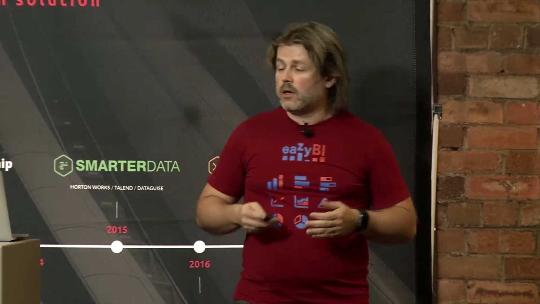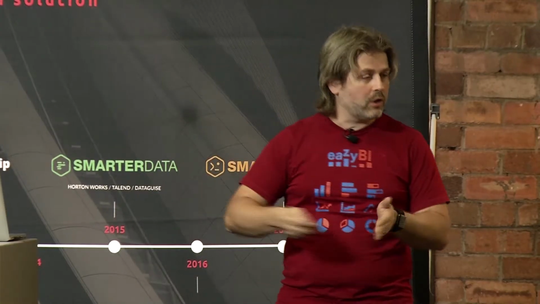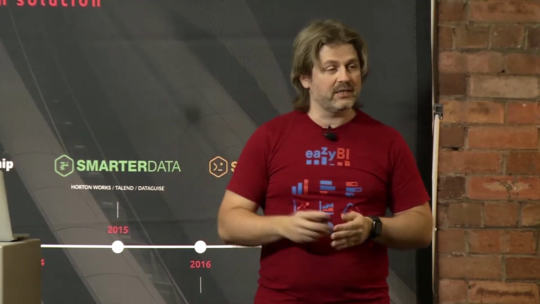For that, EasyBI lets you build histograms of either resolution time or age time, where you can define, I want to see how many issues were resolved from 0 to 6 days, up to 1 week, how many were resolved in up to 2 weeks or up to 1 month, and so on. And when you see some of these outliers, you can drill into these slices of data and see the detailed issues and investigate why they took so long.